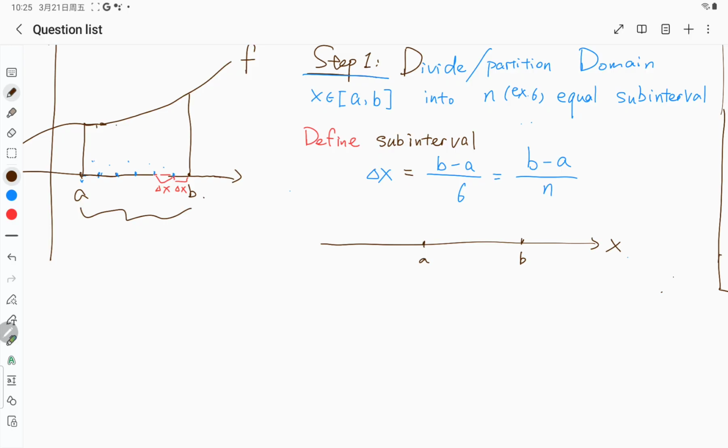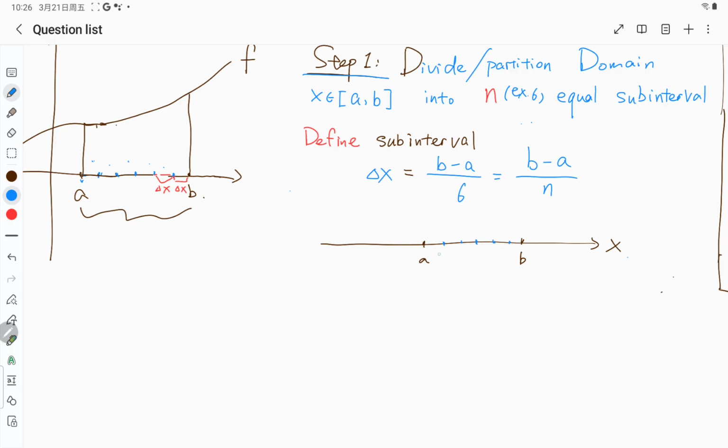If you have an interval in the problem, you should see its requirement of this n parameter, how many equal subintervals it requires to get.